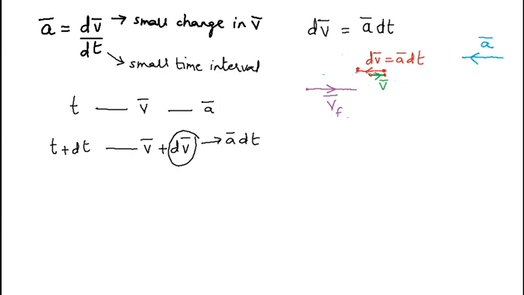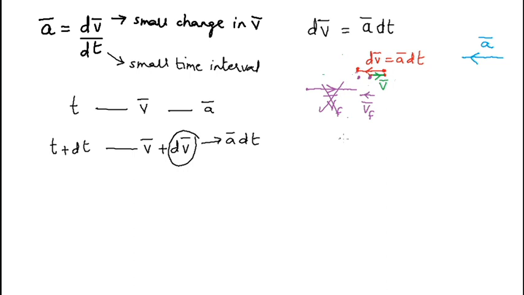Now clearly when we add these two vectors, we get the final velocity v final bar, which would start over here and it would end over here. So it's not this vector, it's going to be a vector now in the opposite direction of v bar. That's the final velocity vector v final bar.